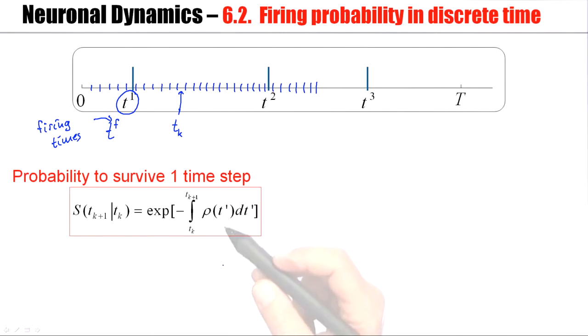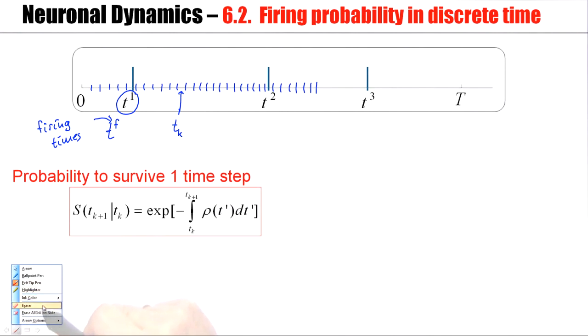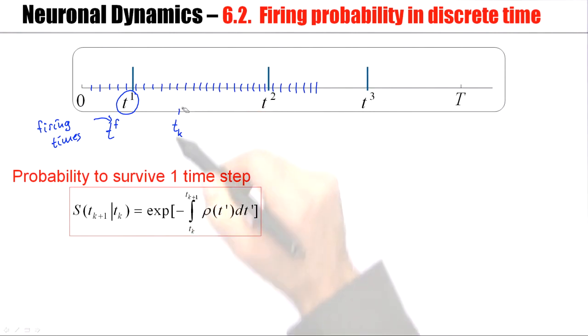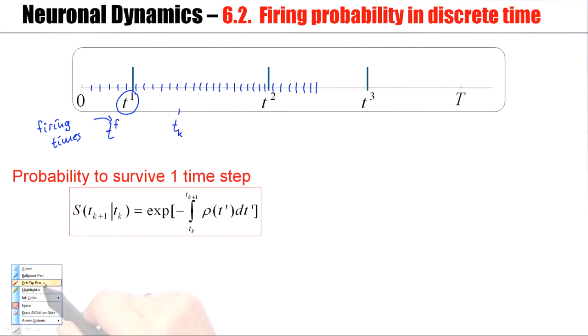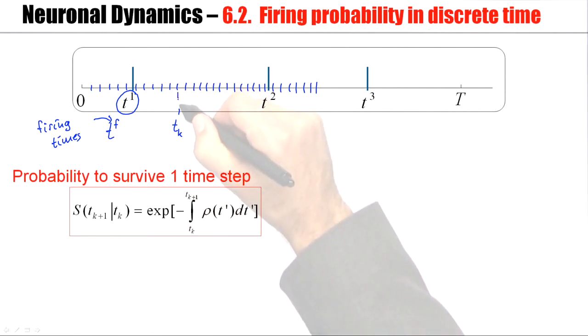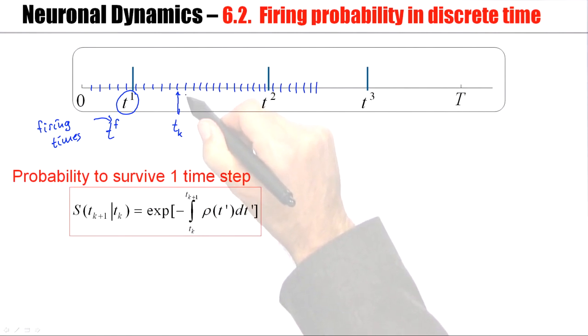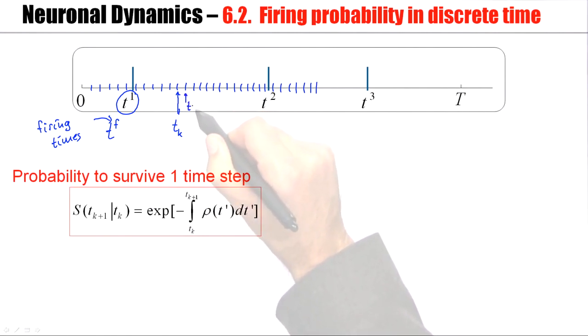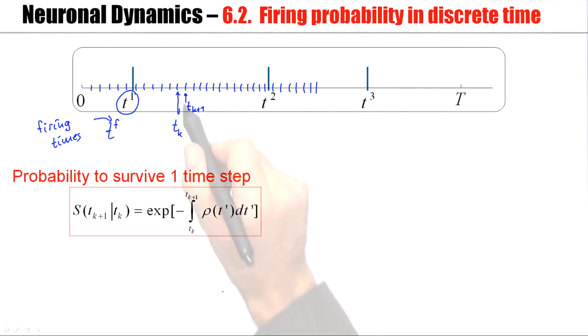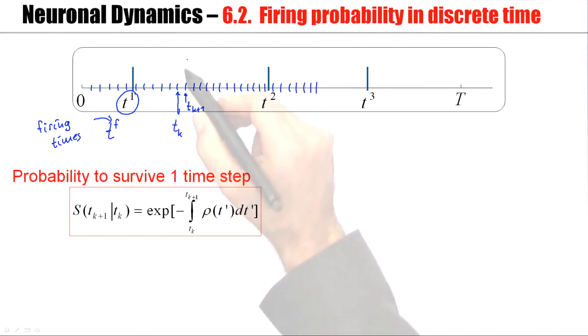And I should be more precise, so let me redraw this arrow. tk is the tick. And then this tick here would be tk plus 1, the next moment in time. So a time step has a certain duration.